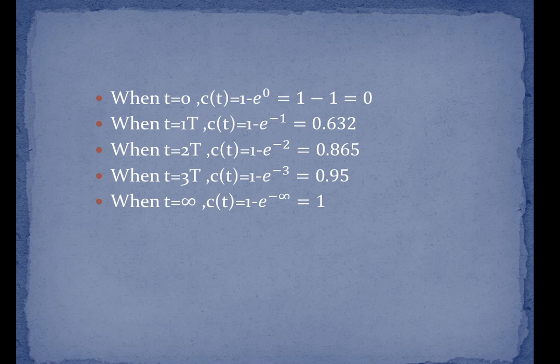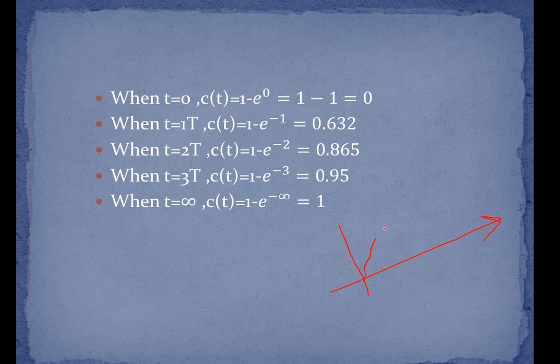So if I draw the response, the response will be like this. At t equal to 0 it is 0. At t equal to 1 tau it is 0.632.